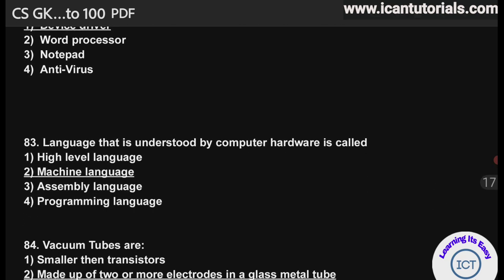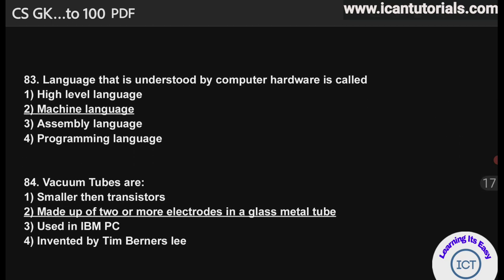Now let us check the 83rd question. Language that is understood by computer hardware is called, and the answer is machine language. Any mobile or laptop or computer can understand only 0 and 1.